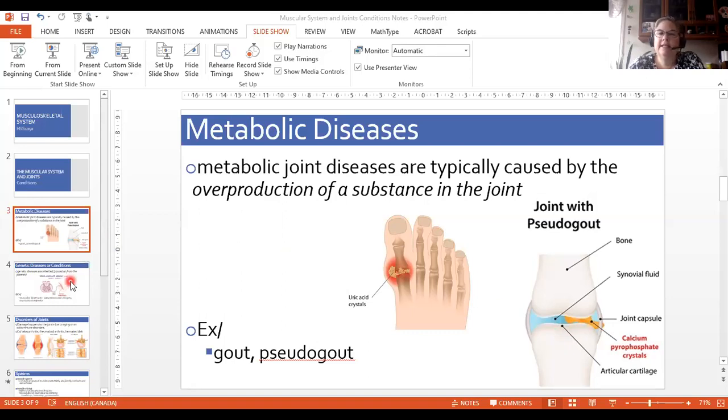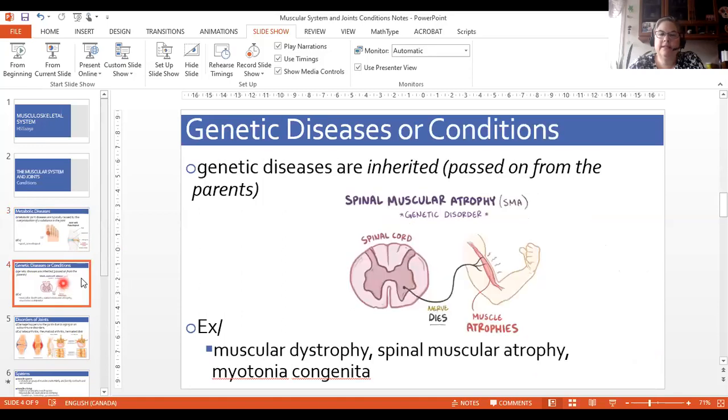Okay, genetic diseases. So I have a couple listed here. So muscular dystrophy is one that's inherited. So any genetic diseases mean that they're inherited from your parents, okay, so they're passed on to you through the genetics you receive from your parents. Doesn't necessarily mean that your parents had that condition, but it means it was in their genetics and you inherited it that way, okay?